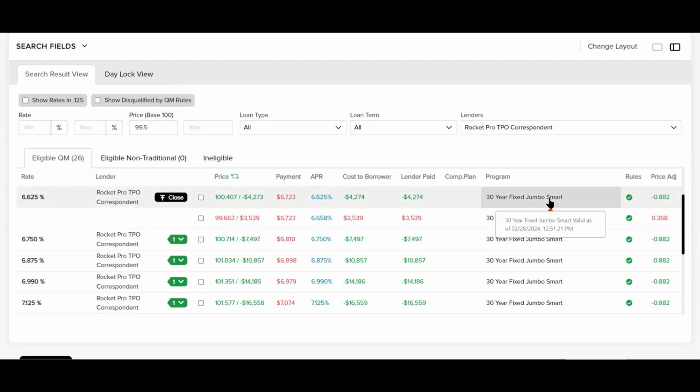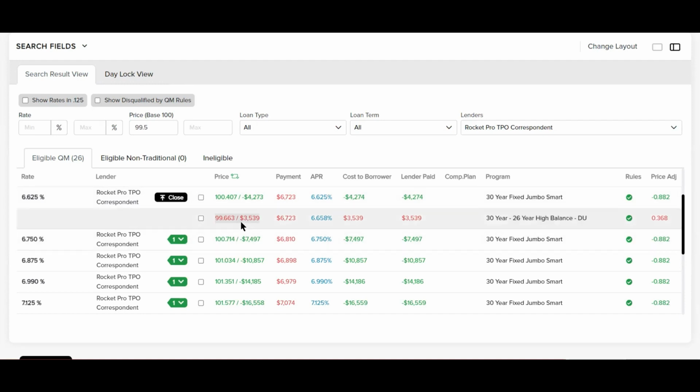Now there's issues though with that. What if the DTI is at 50%? Well, then they're not going to do it, okay? But on a conventional high balance, they may go up a little higher on that DTI than they would on a jumbo product. Remember, they're underwriting to whatever product it is that they're selling here.